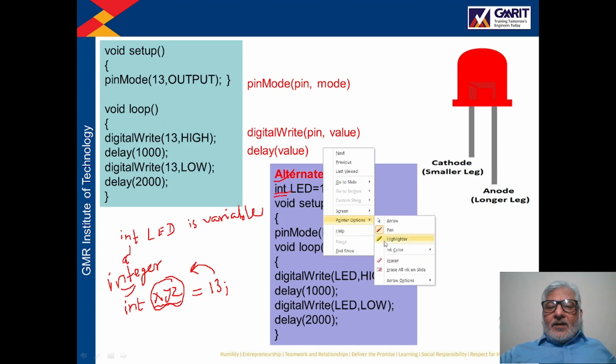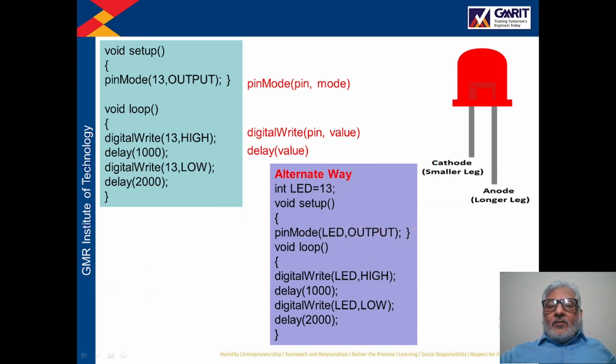Now with this declaration, see this statement I have written: pin mode LED comma output. So now LED is declared as an output. And what is LED? Already I have declared it here, LED is pin number 13. Now you come to this statement, digital write LED comma high.